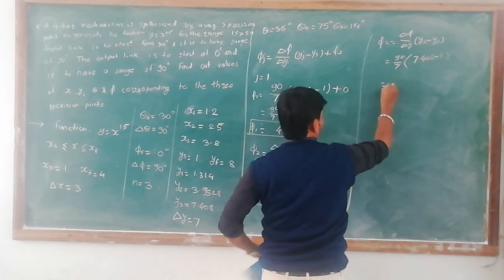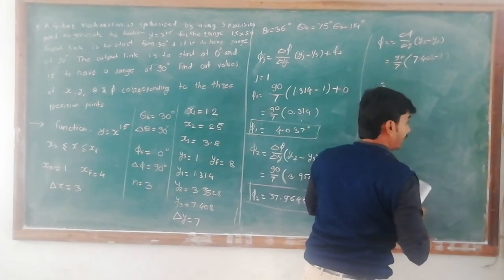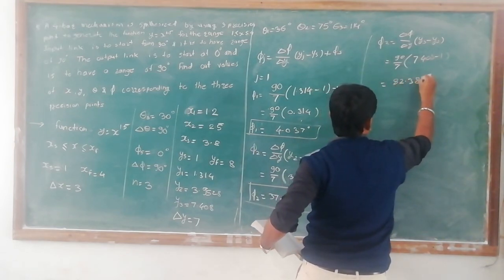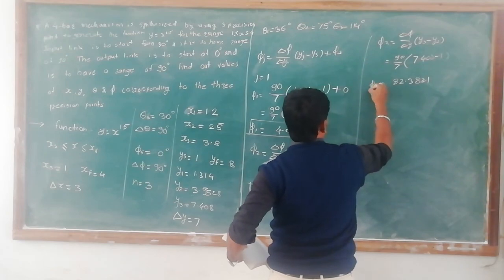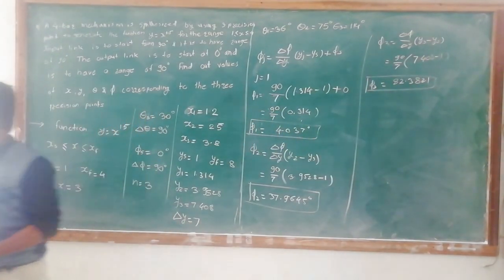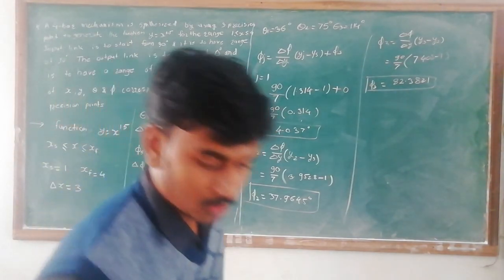If we solve this, we will get 82.3821 degrees. So these are the values of phi 1, phi 2, phi 3.